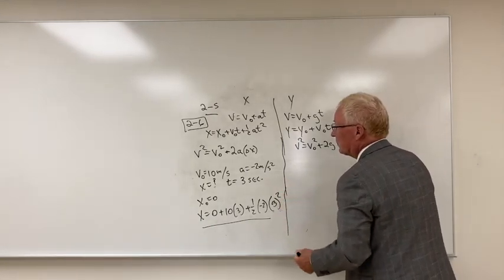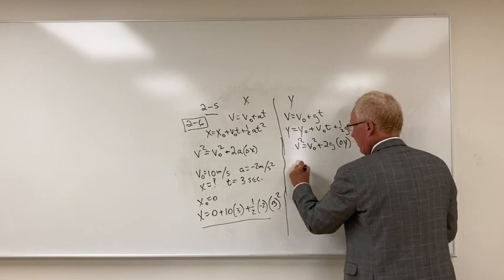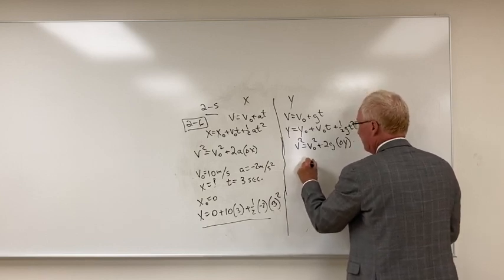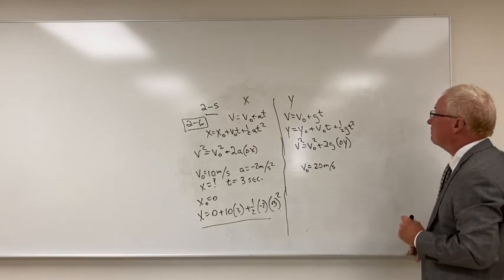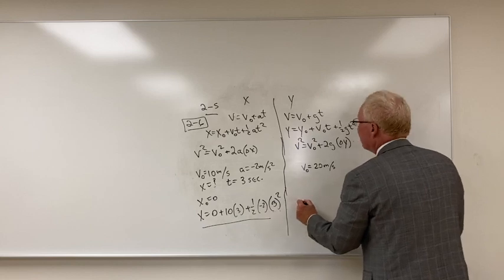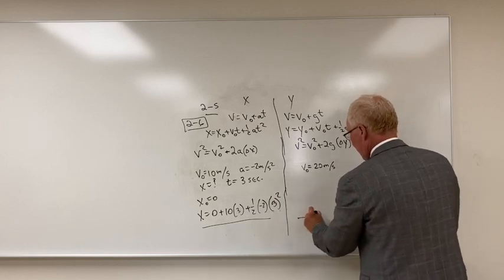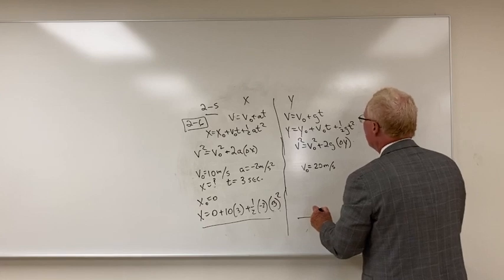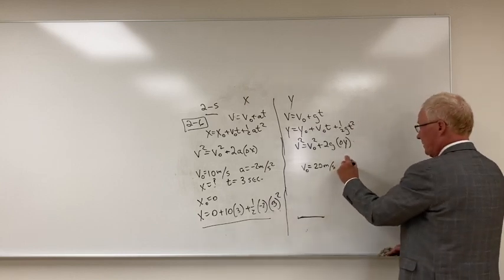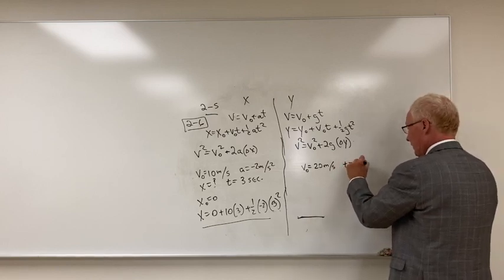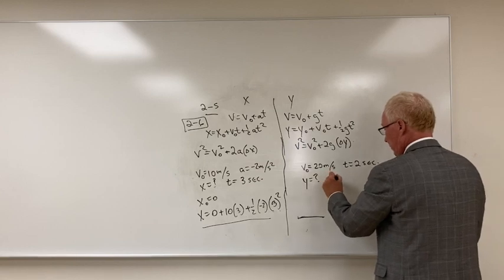An example in the vertical direction, using g: let's say we throw a ball upwards at 20 meters per second, and the question would be, at time equals 2 seconds, what is y and how fast is it going?